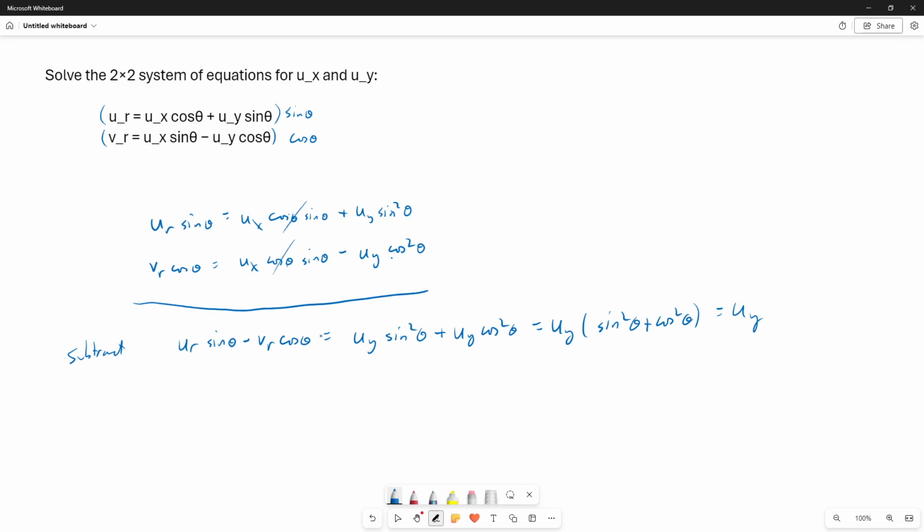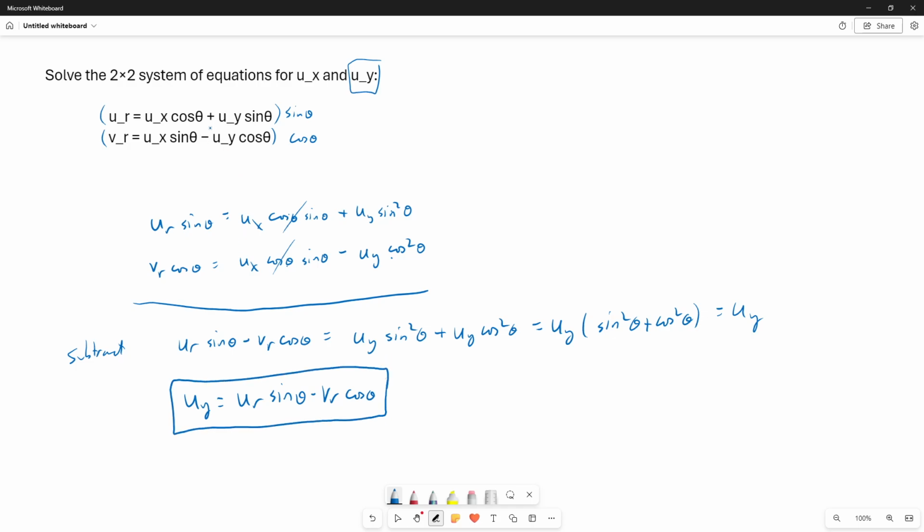And we have half of our answer. We would like to solve for u sub x and u sub y, and we have u sub y is equal to u sub r sine theta minus v sub r cosine theta. So that's half of the answer.